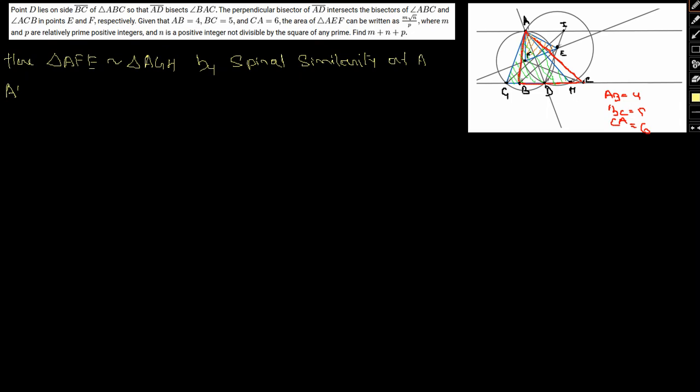Again, AD is the altitude of triangle AFE, and also the altitude of triangle AGH as well.